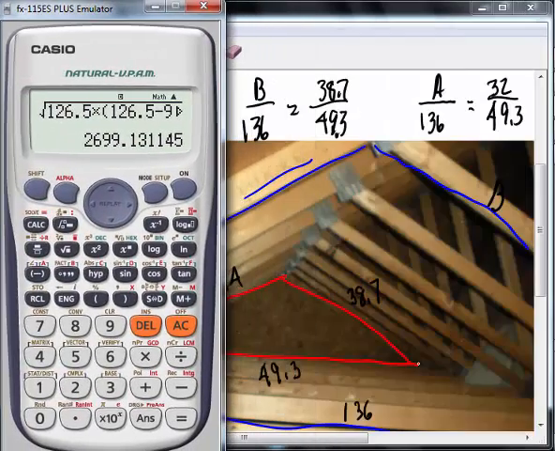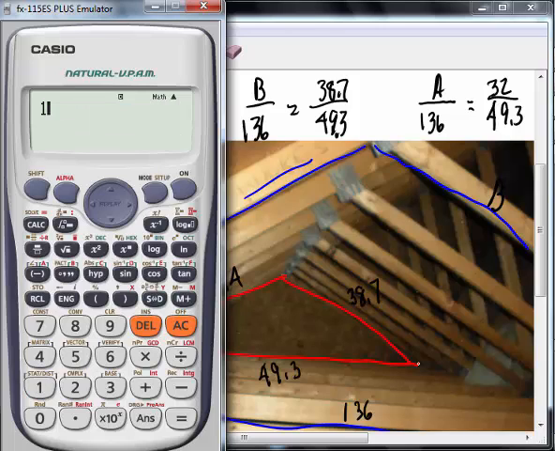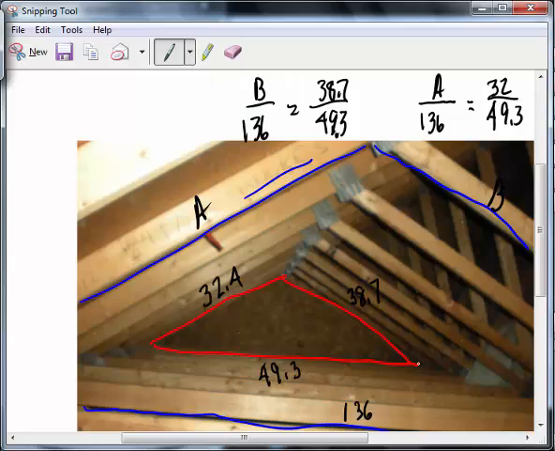So if we do that math, let's start with A, cross multiply, 136 times 32 divided by 49.3 is 88.3 if you round correctly.